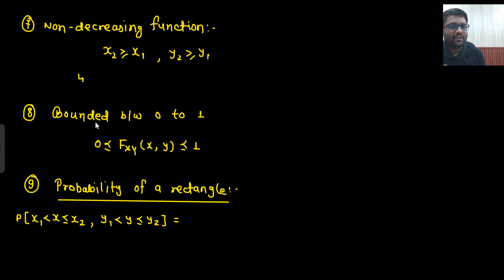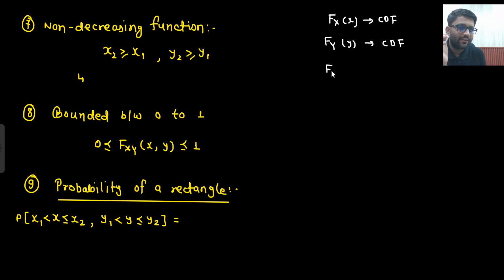Again, CDF is a non-decreasing function. Look, CDF, fx of x was a non-decreasing function. This was a CDF, right? This was also a CDF only. And this is also a CDF. So whatever the property they used to follow, the same property this will also follow. That means it is a non-decreasing function.